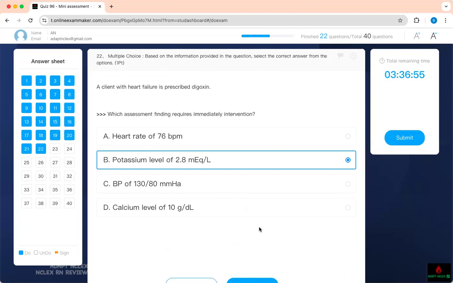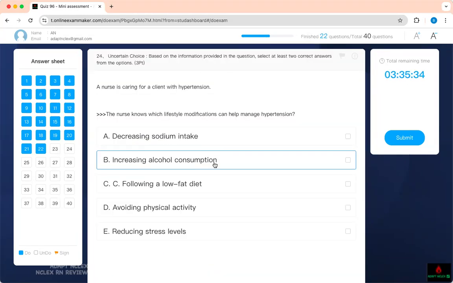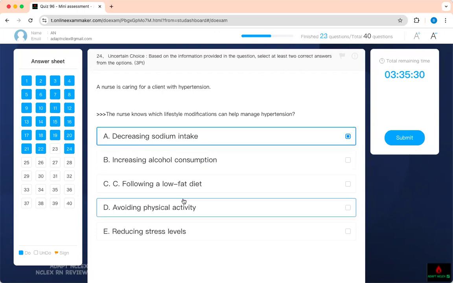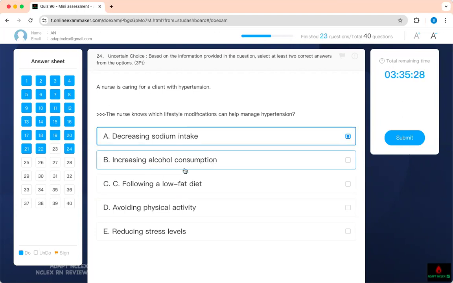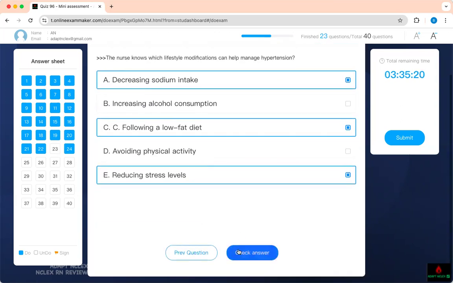So these are the things you should know. Blood pressure is normal and calcium is normal. Lifestyle modification can help manage hypertension. Decrease intake of sodium. Increasing consumption does not do that. Follow a low-fat diet. Increased activity is good, and reducing stress is good.